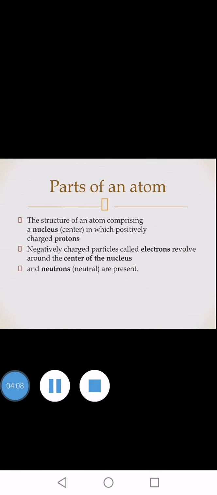Parts of an atom: as I have told you, we have two parts in the nucleus, proton and neutron, and then electrons which revolve around the atom. Here you can see the nucleus, the central part, in which positively charged protons are present, and neutrons are also present, but the negatively charged particles are electrons, which revolve around the center of the nucleus.